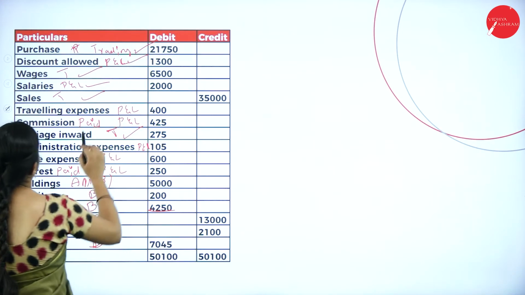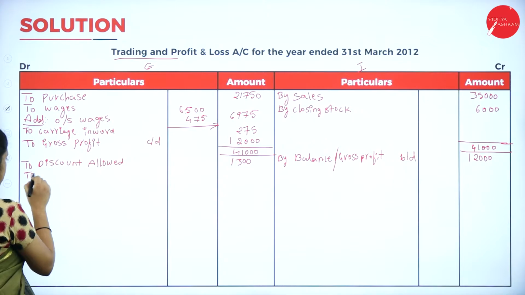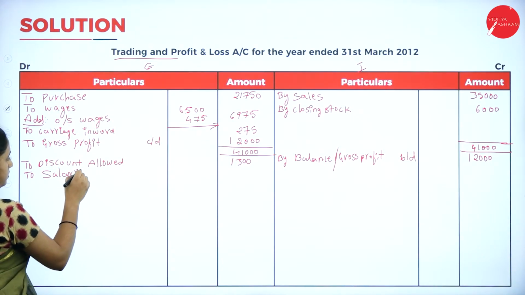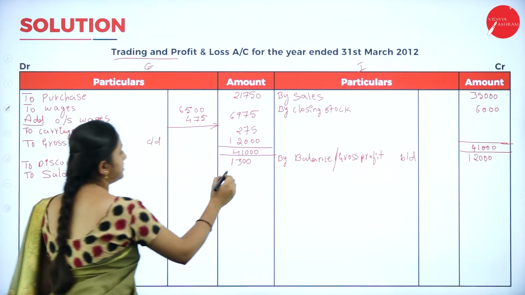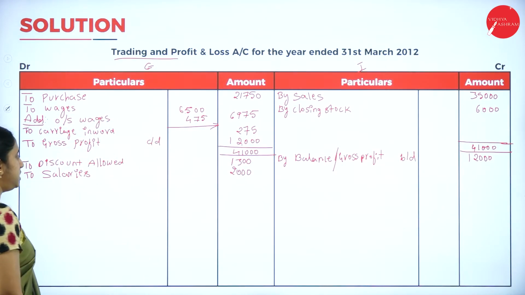Then salary. Salary is an expense. Write on the debit side, to salaries 2,000. We don't have any adjustment related to salary or discount allowed.